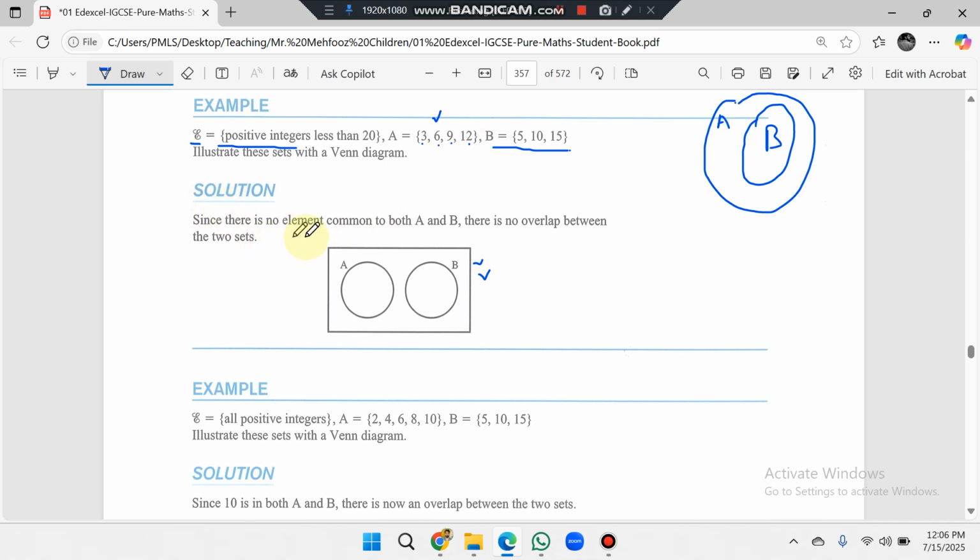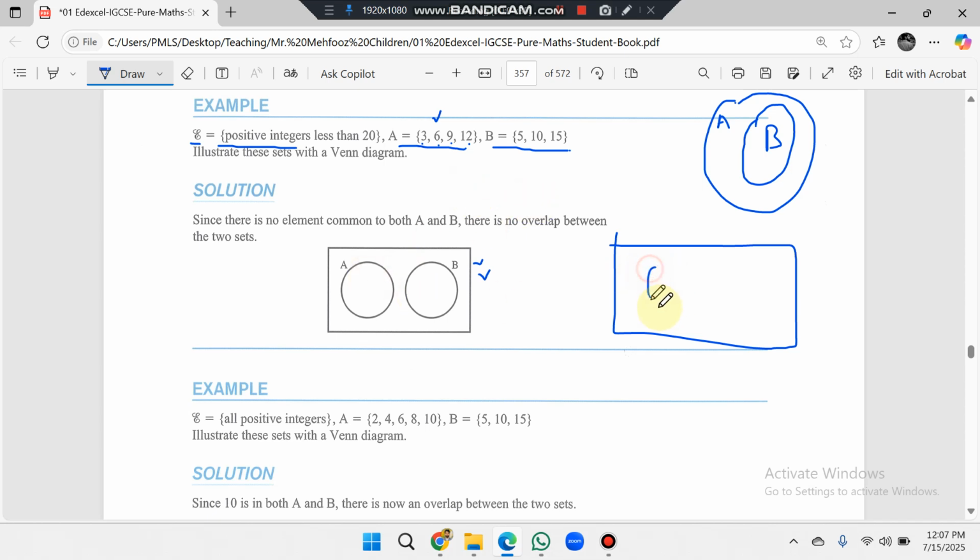Okay, after that we move forward to the solution. Since there is no element common to both A and B, first of all we draw a rectangle that shows the universal set, and these two sets. As you see that not one element is common in A and B, so it means that there is not any overlapping.